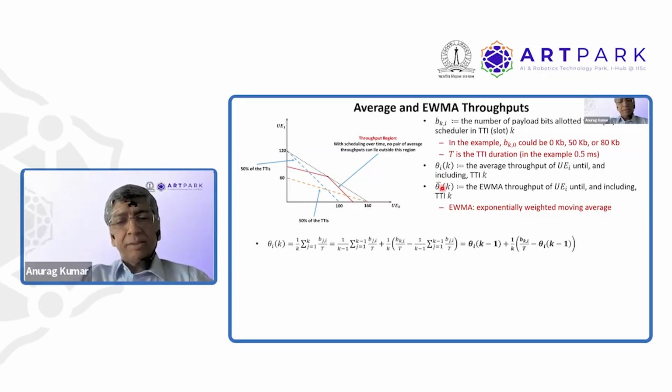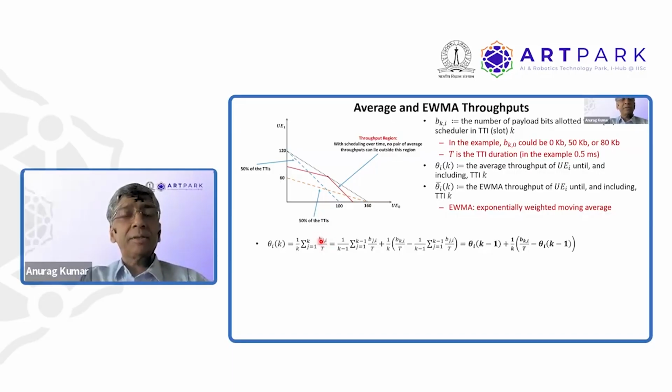This looks more complicated than it really is. I'm just showing you averages. Theta ik: I'm at the kth slot, so j equal to 1 to k, 1 to a million slots. In the jth slot, I gave user I BJI bits.